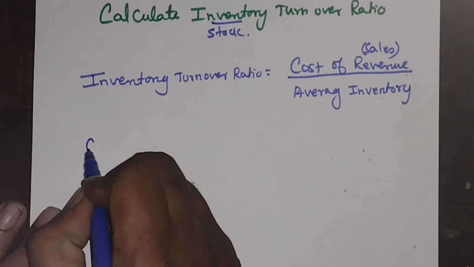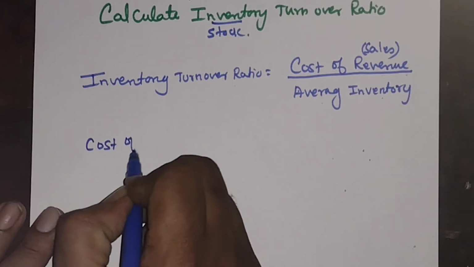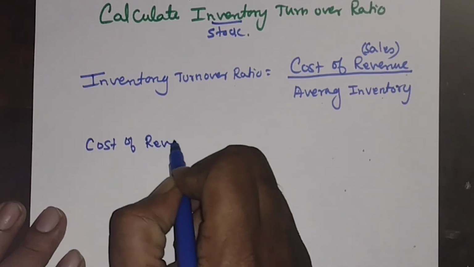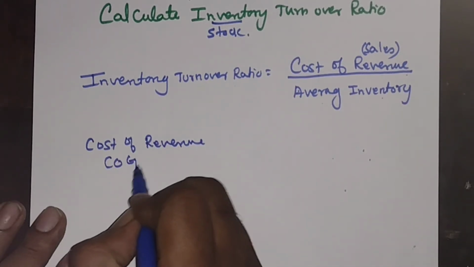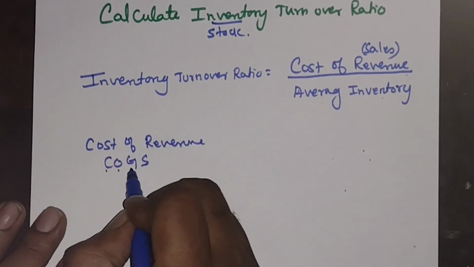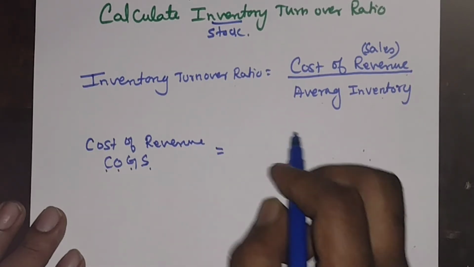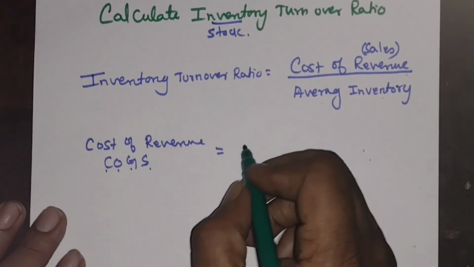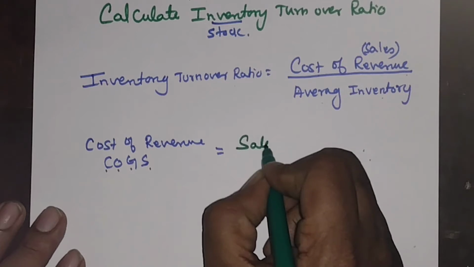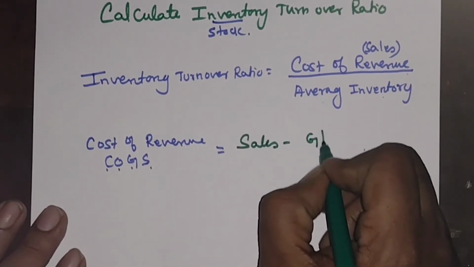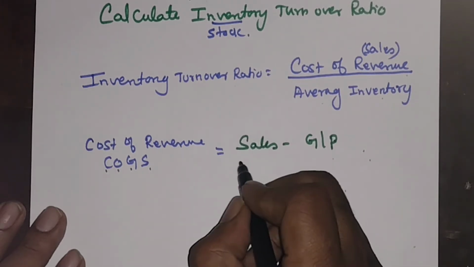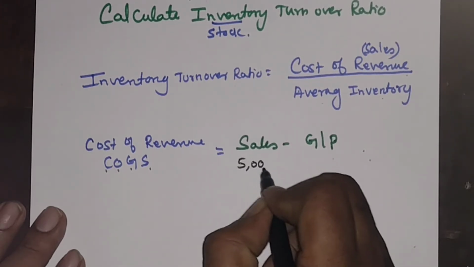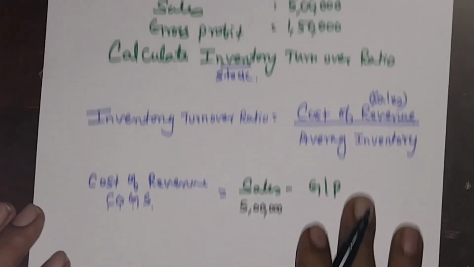What is this cost of revenue? Cost of revenue is also called COGS, cost of goods sold. Cost means what? Out of sales, you have to minus the gross profit. As per this problem, the sales given is 5 lakhs.